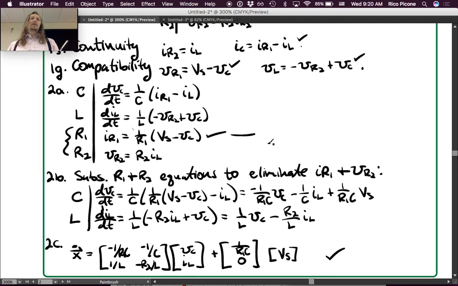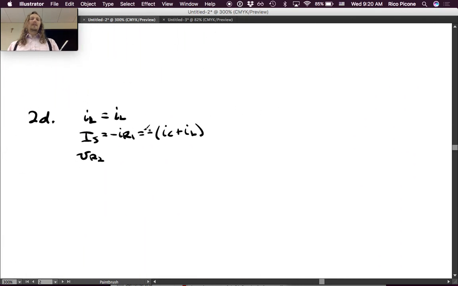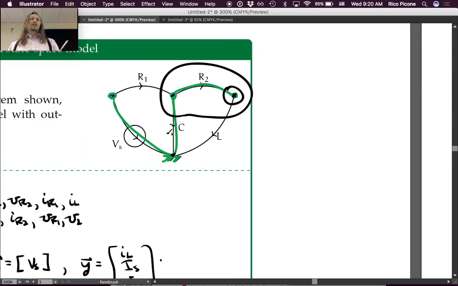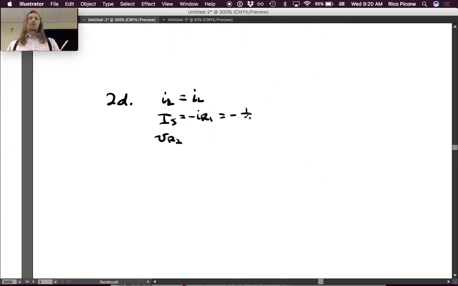So IR1 is VS minus VC. So instead of going to this, let's do IS equals negative 1 over R1 times quantity VS minus VC. Excellent. And this is in terms of a state variable and an input variable. So, we're good.